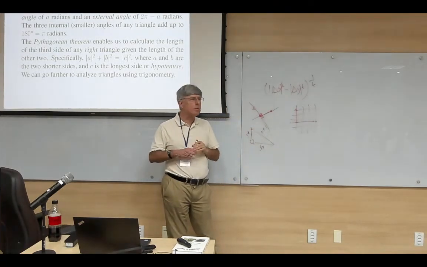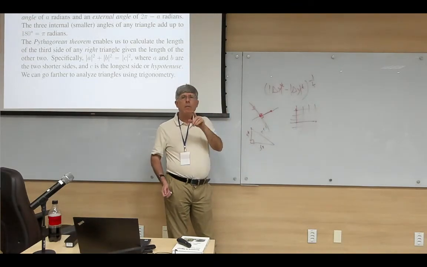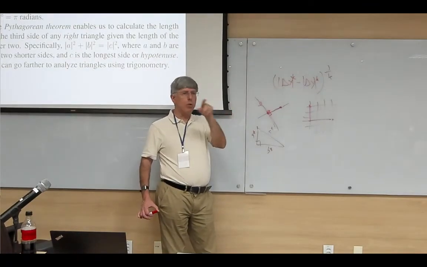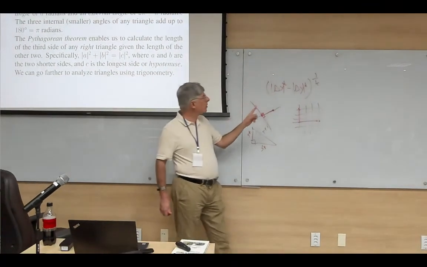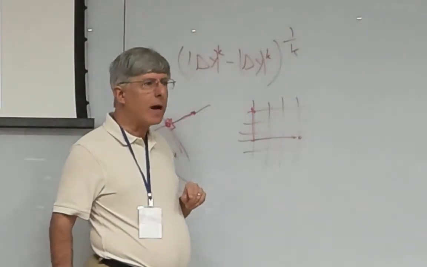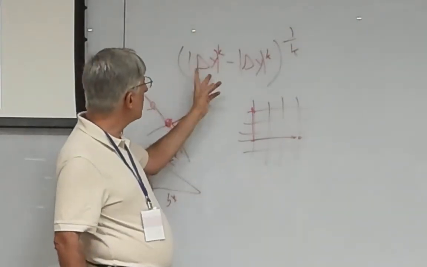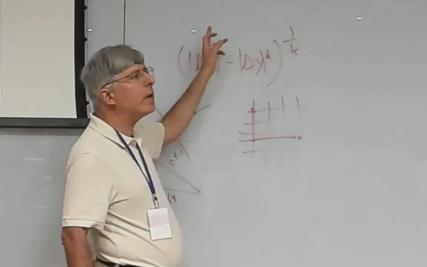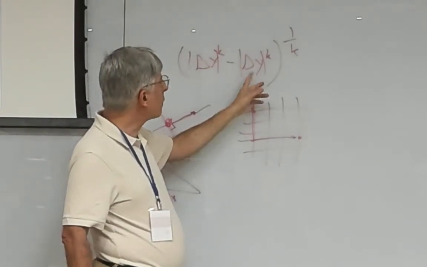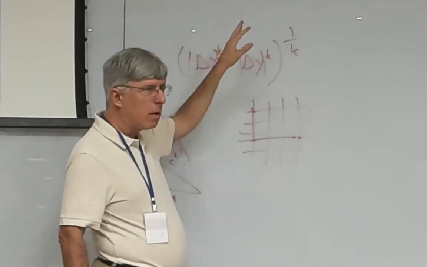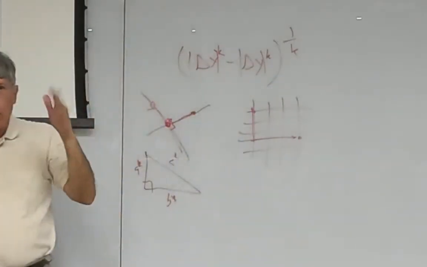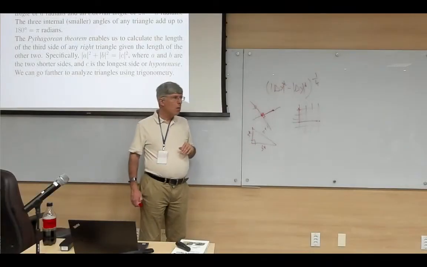I almost listed them on a slide. Actually, what is k equals infinity? What is the effect if we take the change in the x, raise it to the infinitieth power, or some huge number, do the same for the y difference, and then take the infinitieth root? What do we get?